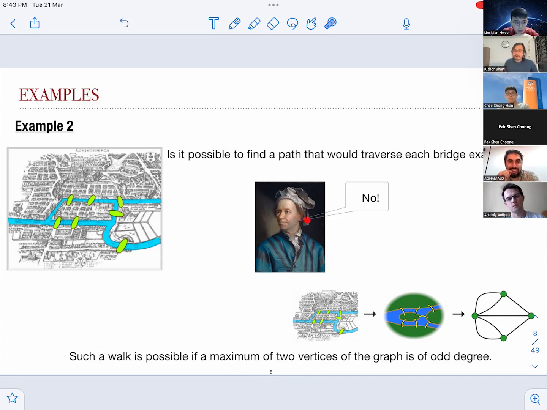The way he got the answer is that he abstracted it as a graph problem. All the different parts of the city are like nodes.